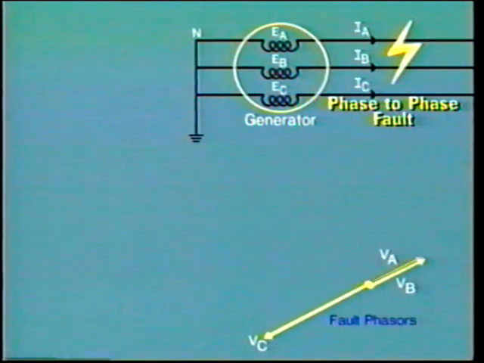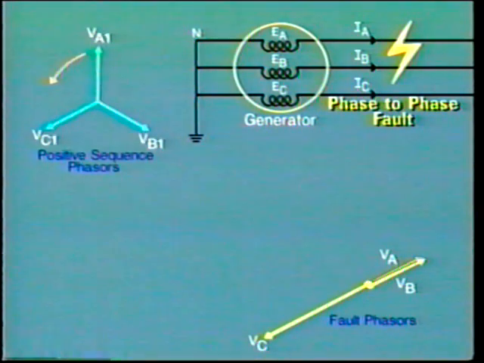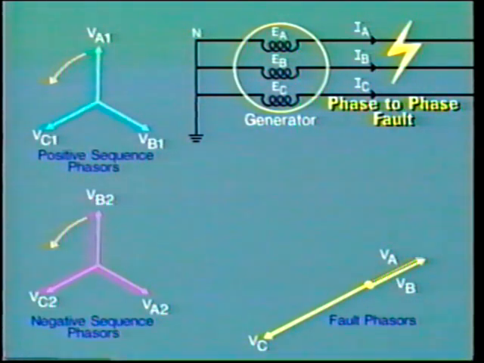This condition is brought about by a combination of the balanced positive sequence voltages from the generator and the balanced negative sequence voltages which are generated at the fault. The negative sequence phasors use the subscript 2 for identification. As its name implies, the negative sequence voltages rotate in the sequence ACB instead of ABC.